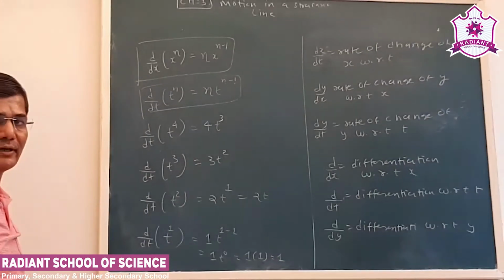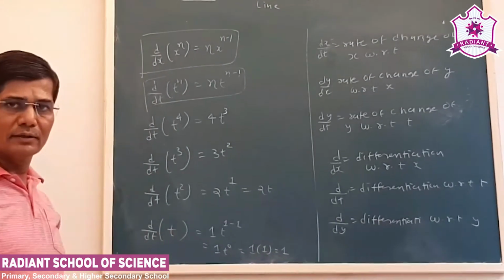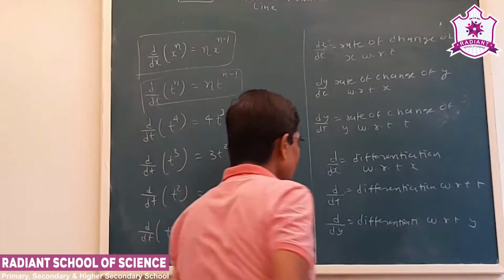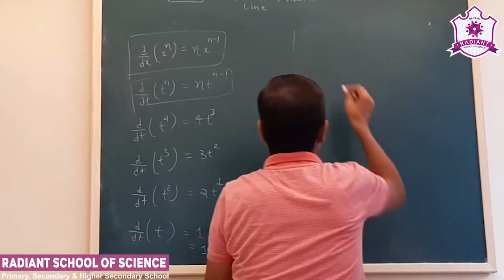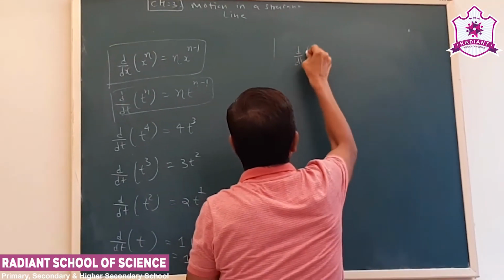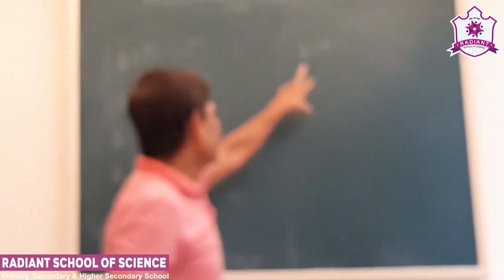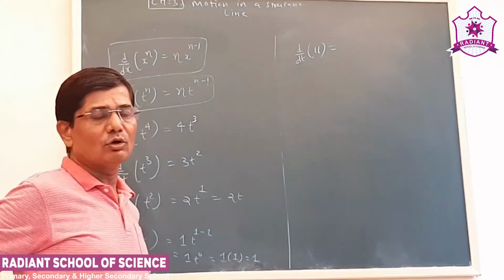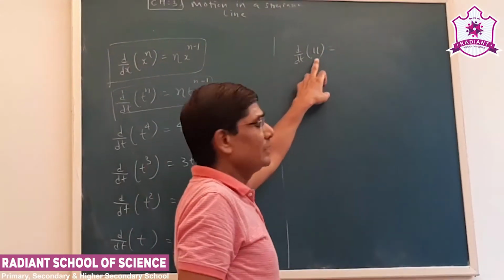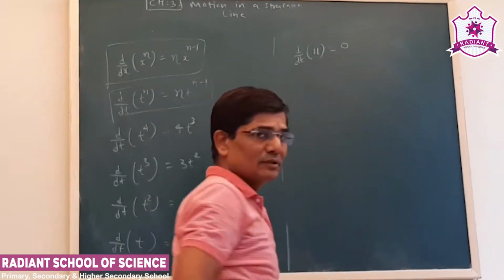So the differentiation of t, or t raised to 1, is 1. Now see, the differentiation of a constant term is 0. Suppose it is d by dt of 11. Here we are taking the derivative with respect to t, but there is no term related to t here. So in that case the differentiation will be 0.